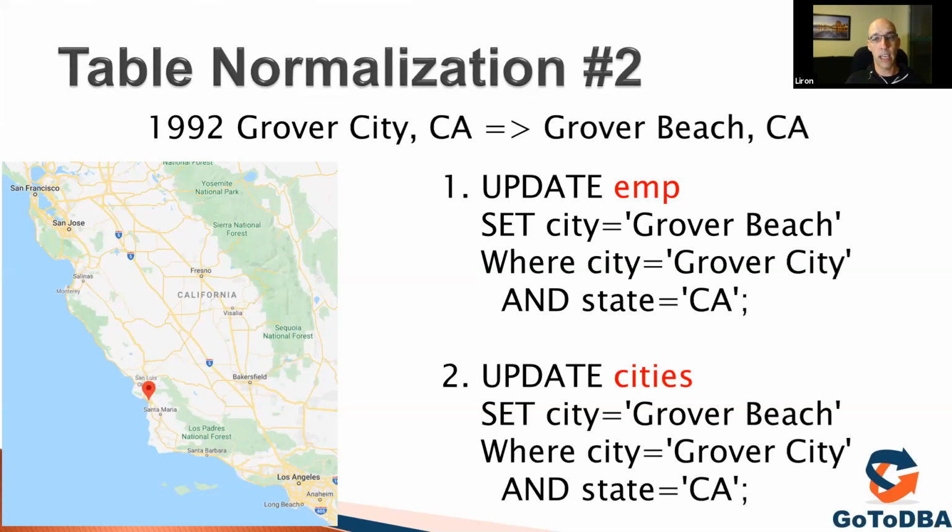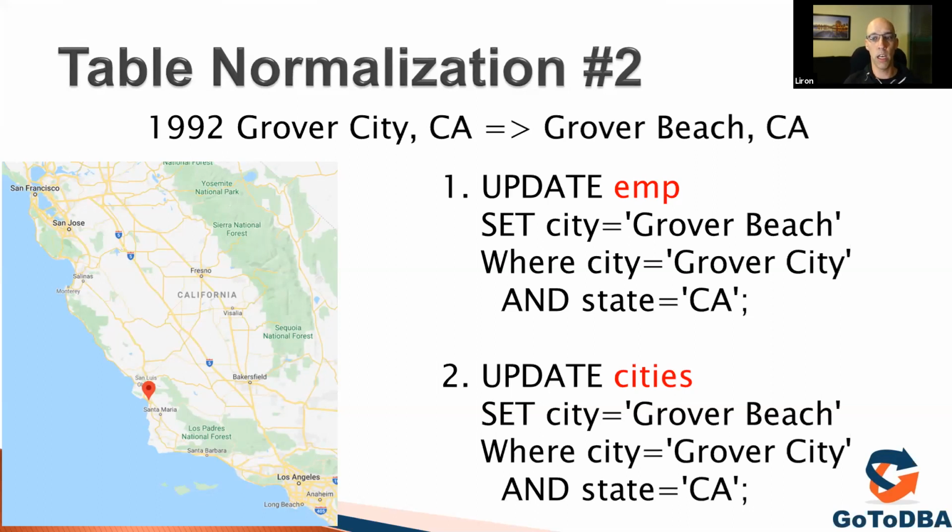But in the second case, after the normalization, when we have a cities table, we're going to update the cities table and change the city name. This is basically only one row instead of potentially many more in the employee table, which would lead to problems with updating the data and locking rows, and also consistency of the data, because maybe some of the employees are using Grover Beach already or Grover City, or they write the city in a different way as well.